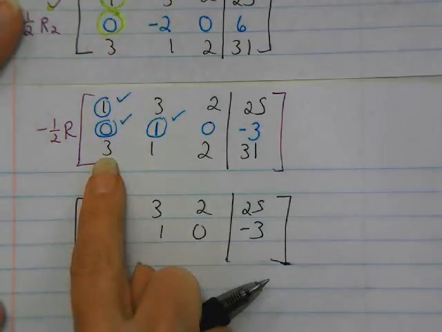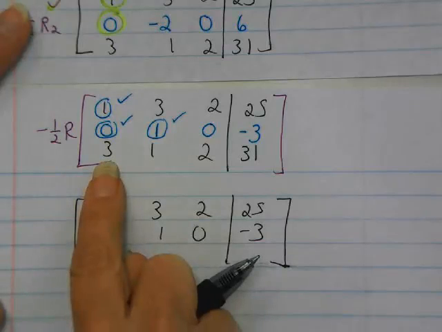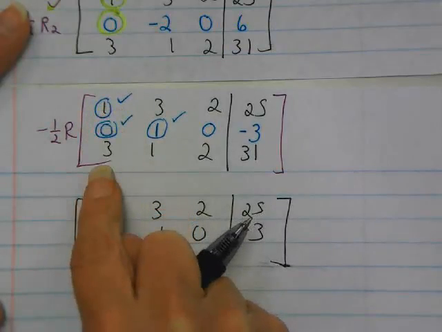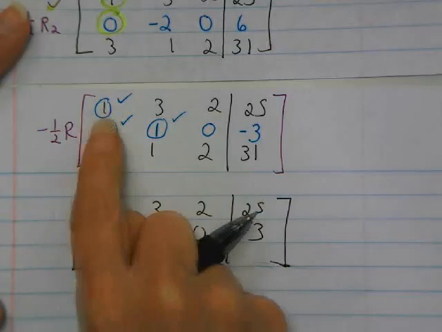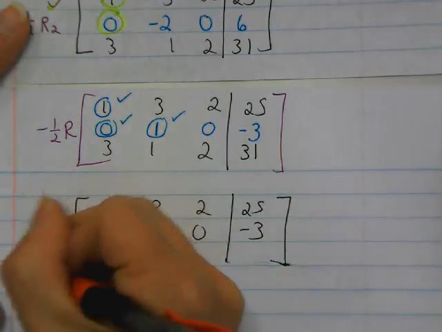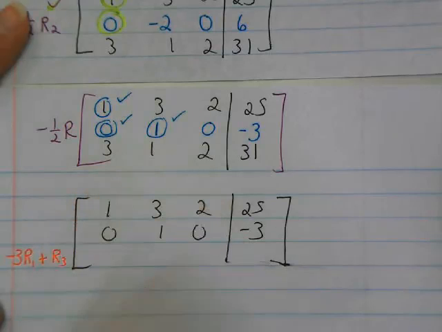So what can I add to a 3 to get my 0 that I need? Oh, I need 3 and a negative 3. So what could I do to these rows to get me a negative 3? Oh, well, can't I do negative 3 times row 1 plus row 3? So let's see what that gives me.